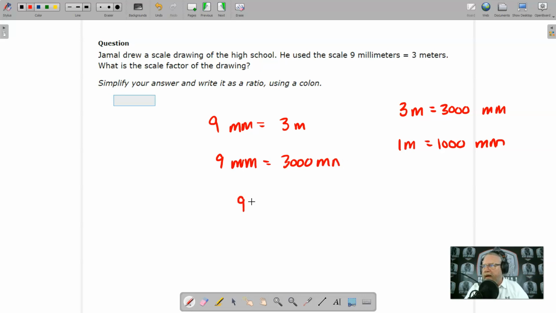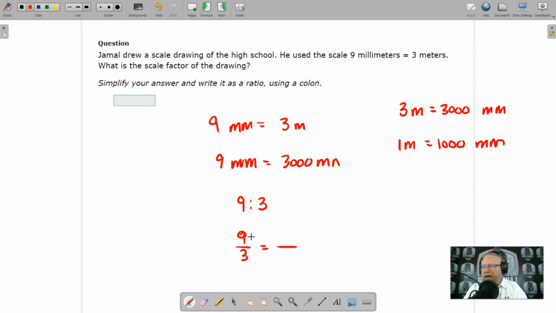So now we can just compare 9 to 3, and have 9 millimeters is to 3 millimeters. However, it says to simplify your answer, and we want to simplify this 9 to 3. Remember, we could write a ratio as a fraction. So 9 is to 3, right?